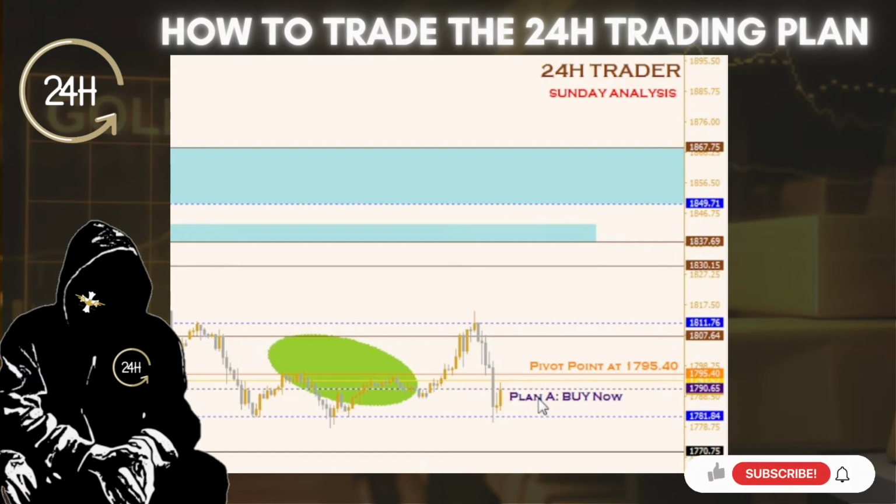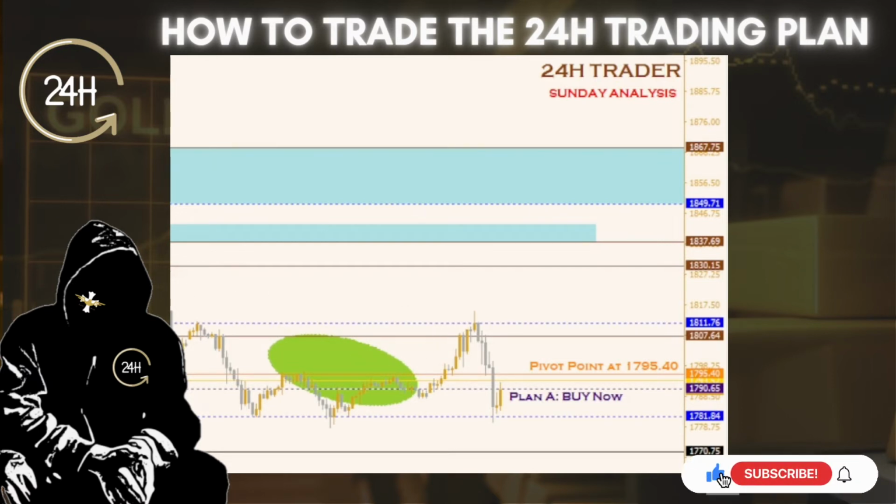If the market touches this pivot point and bounces back, it will go to 1770.75, which will be our plan B. So when the Sydney market opens at 6 a.m. GMT plus 7 on Monday, I will open a buy position from here.